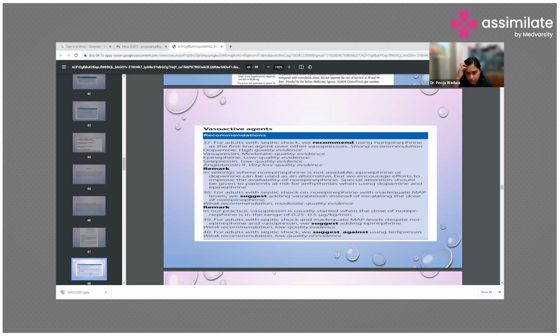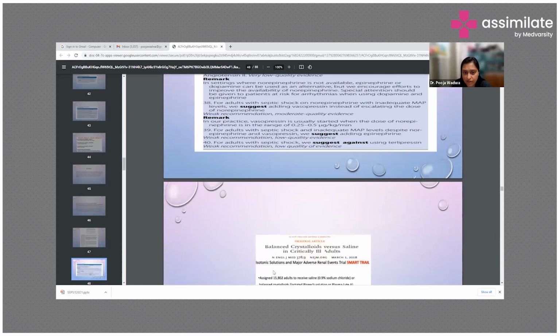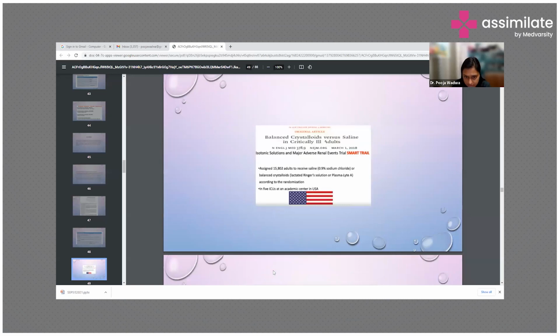Vasopressin is usually started when norepinephrine is at a dose of 0.25 to 0.5 microgram per kg per hour. In patients already on norepinephrine and vasopressin who still have low MAP, you can use epinephrine. Terlipressin should not be used because it is not a very good vasoconstrictor.